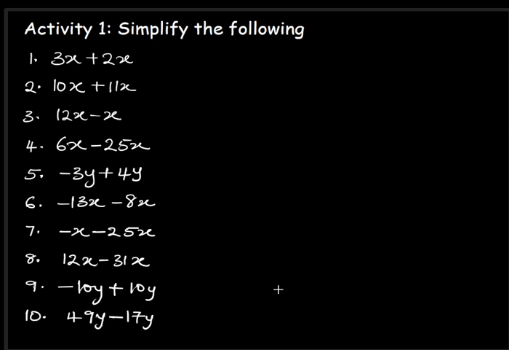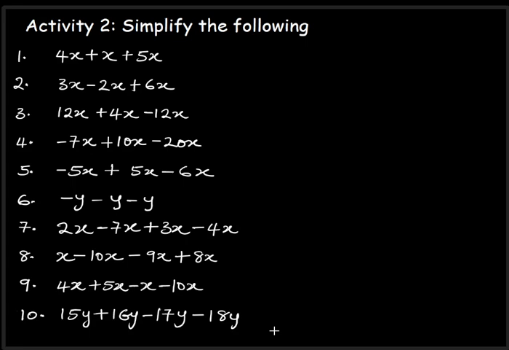Go through them, pause the video and copy out the questions. Take them one after the other. Follow the rules. Where you have only x, know that x is equal to 1x. If it is minus x, that's minus 1x. Then we also have activity 2. Please also pause the video and copy out the questions carefully.